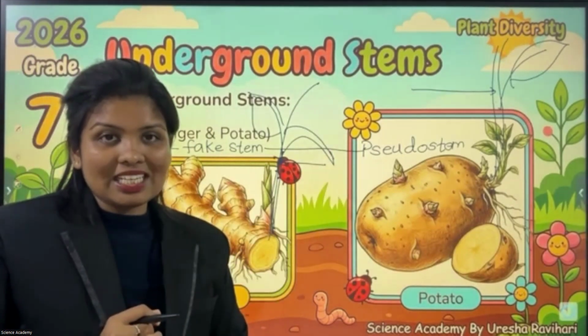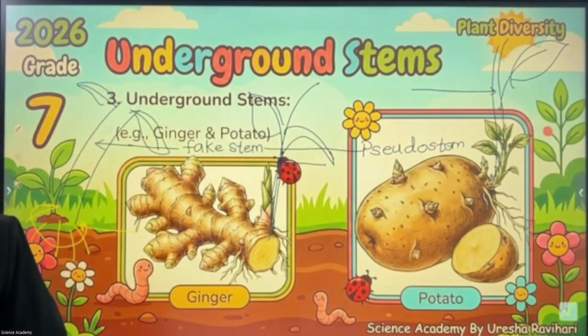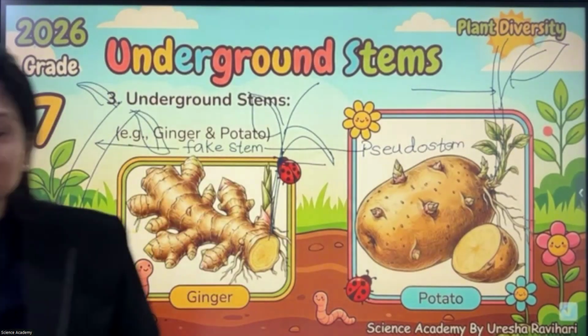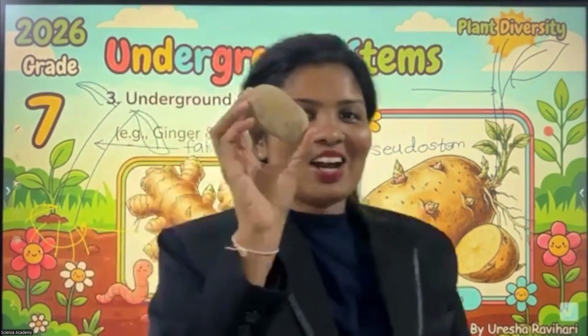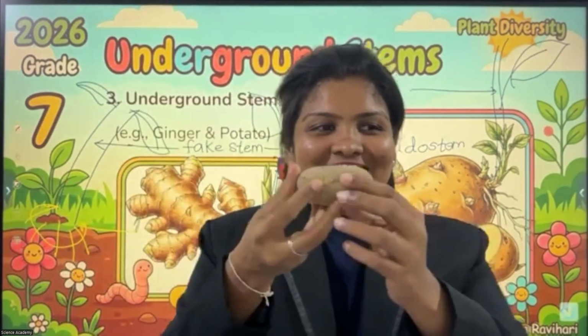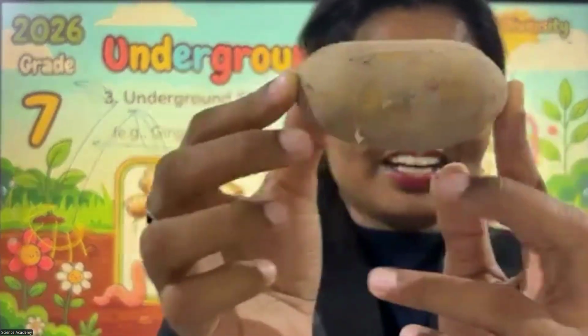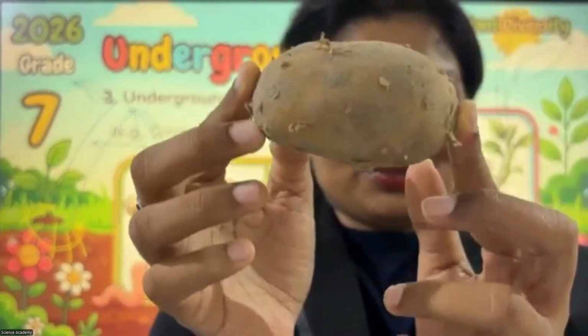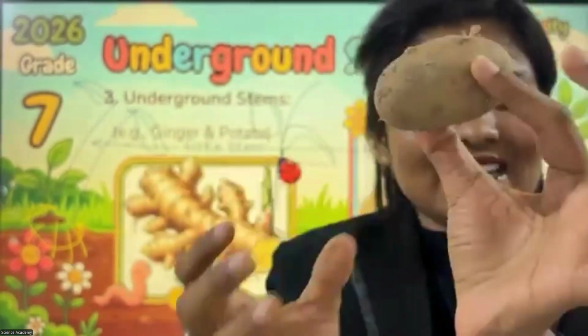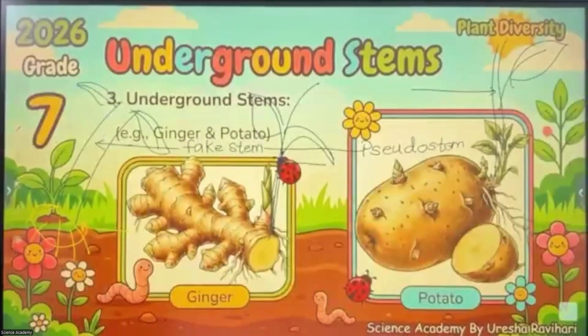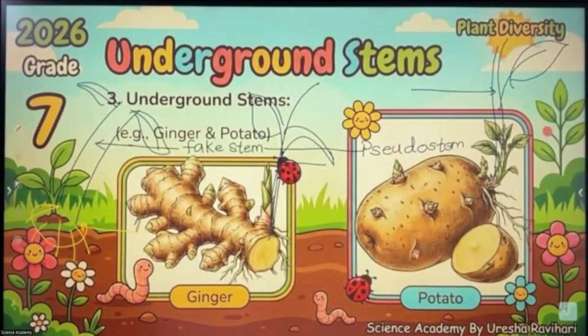You may have seen colocasia plants. Now, children, I'll show you the underground stem of potato. Here you can see the underground stem of potato. This is the real stem. What is this one?